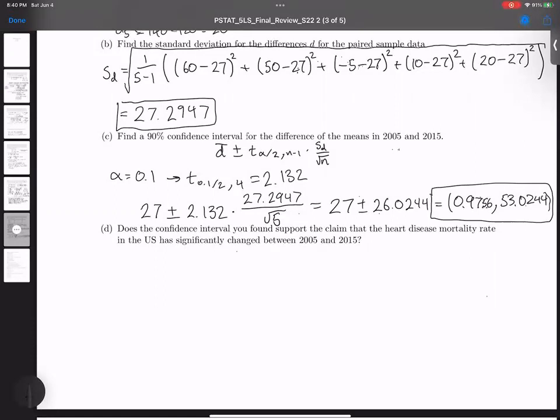Because our confidence interval does not contain 0, and why doesn't it contain 0? Because both endpoints are positive. If we drew a number line, 0 is right here, 0.9756 is right here, and 53 point whatever is somewhere out here.